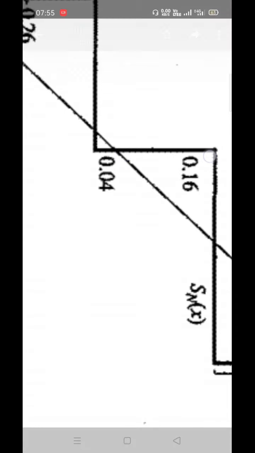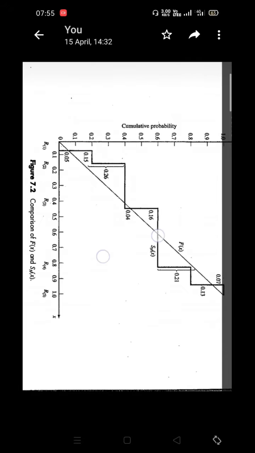From here to here it is 20 points. Above the line, the d plus value should be 0.16. This is the displacement value. The deviation part of d plus is 0.16. What is remaining? 0.04, altogether 20 points, isn't it? 0.04 is remaining. So in this way, just plot a point over here. Your straight line should pass through this point.